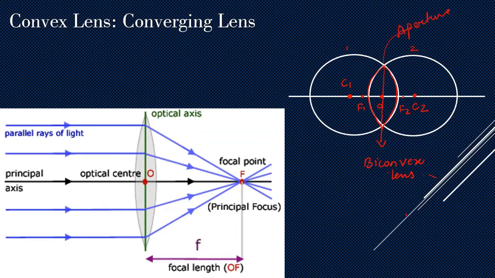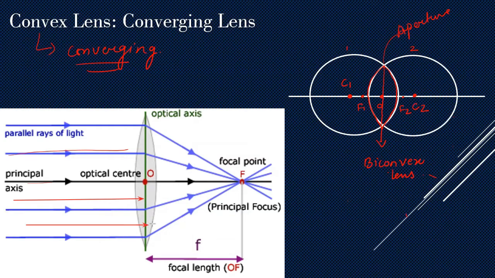So what is a convex lens? A convex lens is a converging lens. Converging lens means that when parallel light rays are coming from infinity and strike the lens, as they strike it, they are going to pass through the focus.